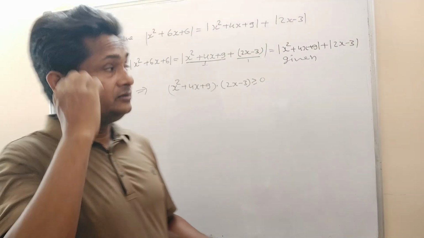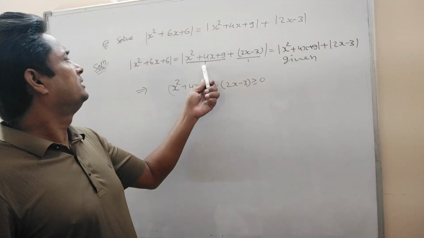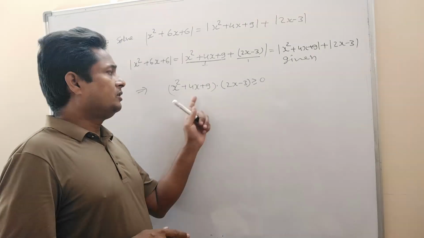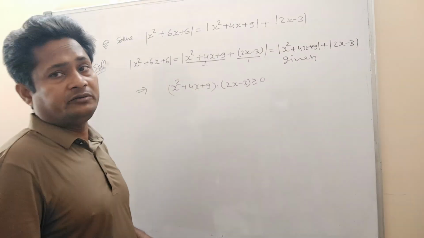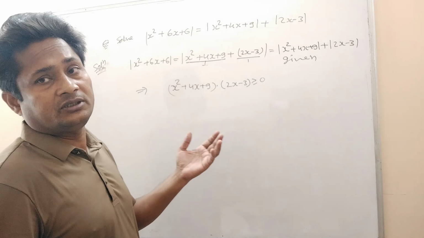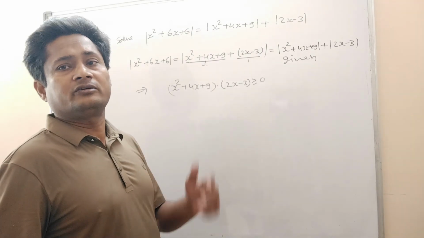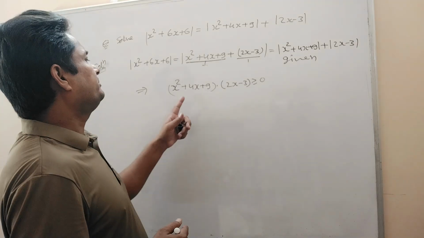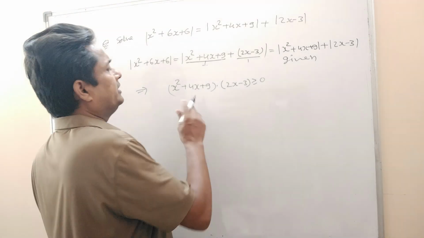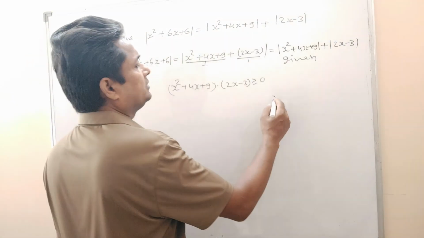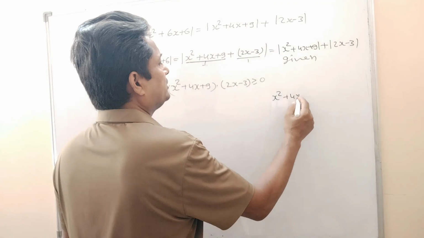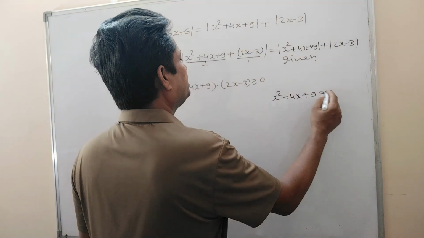Solution of this equation will be what? Now solve this equation. How will you solve this equation? By using the Vedic method. So we can apply the Vedic method. So find out the roots of this equation first. X square plus 4x plus 9 is equal to 0.